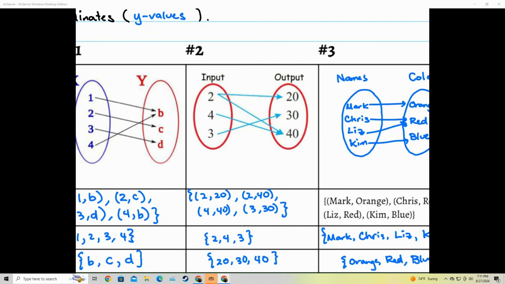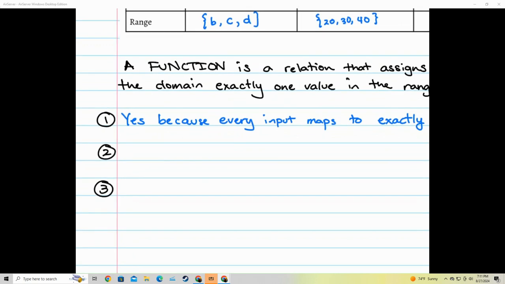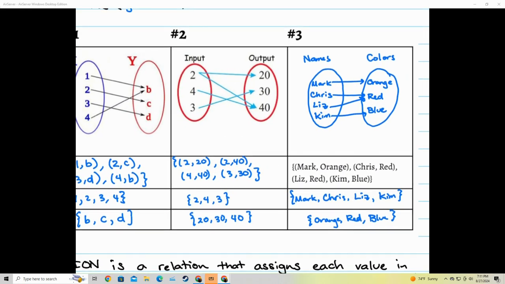So I have this input when I press the button. It has 2 different outputs. That's not okay, all right? So we're going to say number 2 is not a function. We're going to say no, because the input of 2, when I press the number 2, I got 2 different outputs.